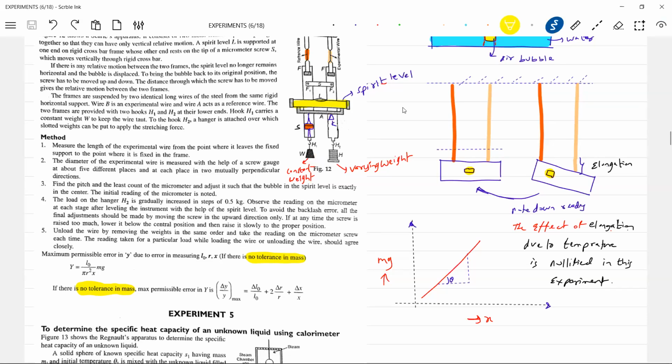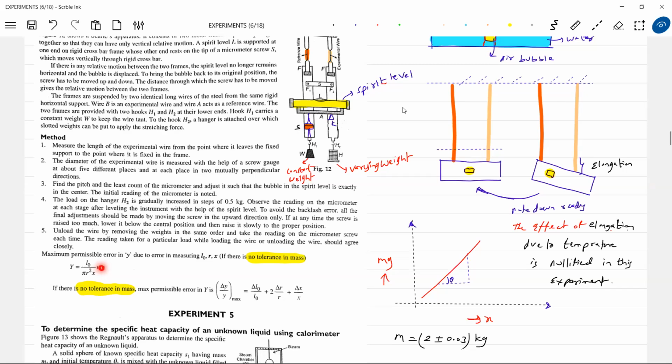If the mass is given like this, m is equal to the load that we are going to add, plus or minus something, then there will be some error in the measurement of mass also, and that has to be included here.